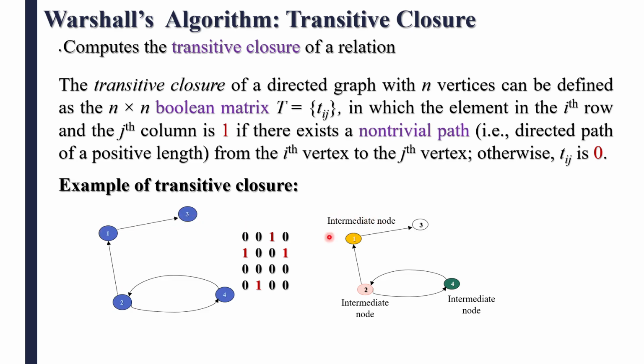That is what you call the intermediate node. If a direct path does not exist between two nodes but you get a path with the help of another node, then that node is called an intermediate node. See here, 2 to 1 and 1 to 3 are positive paths.